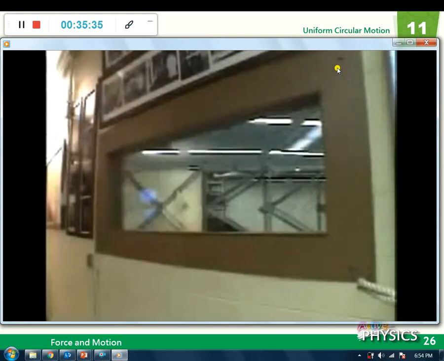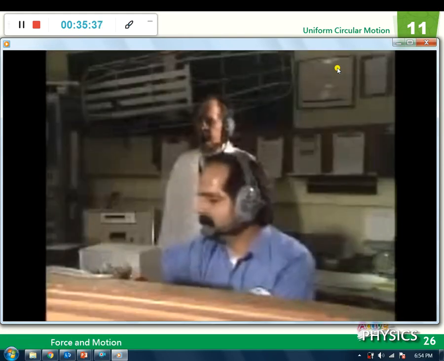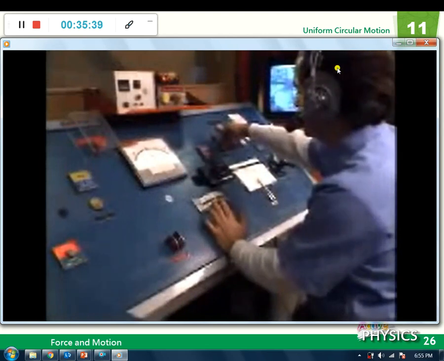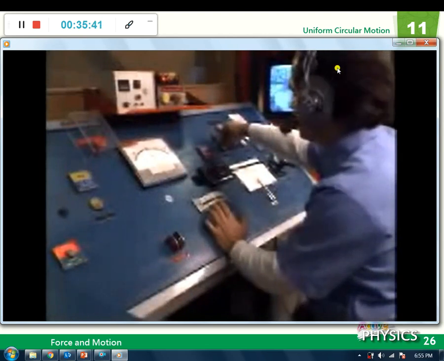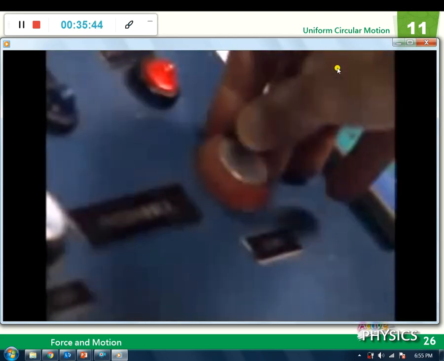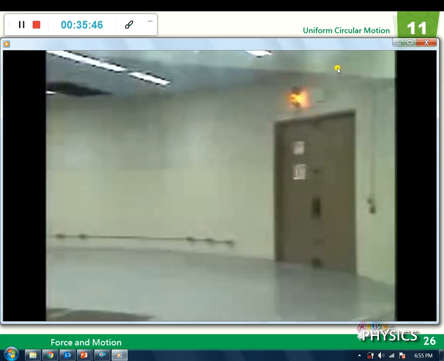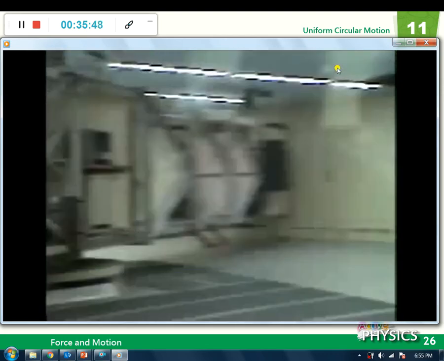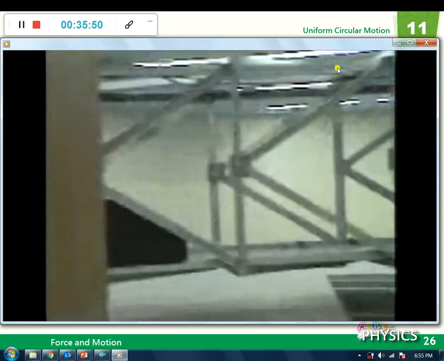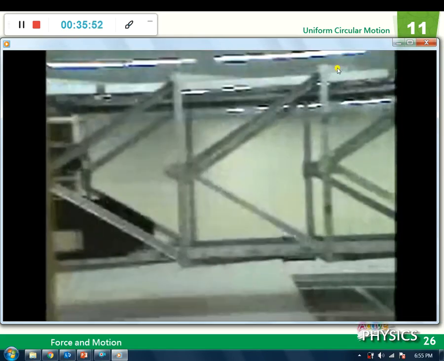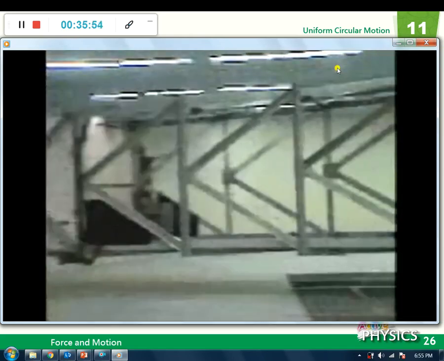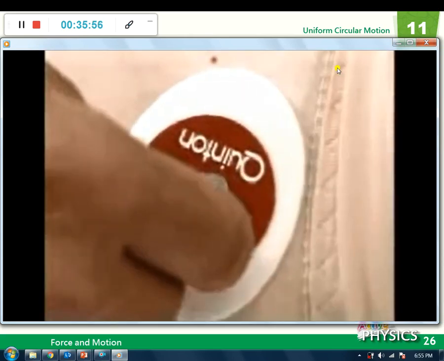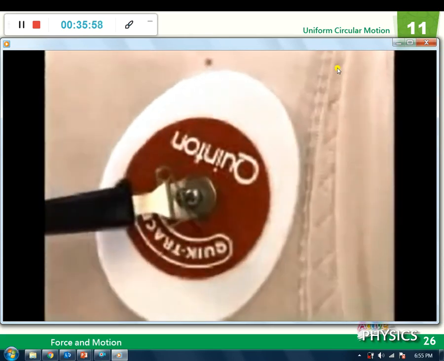Inside the centrifuge, spinning at a fast rate, it means a great omega, and also the radius is not small. v is equal to r omega, so v is quite large.